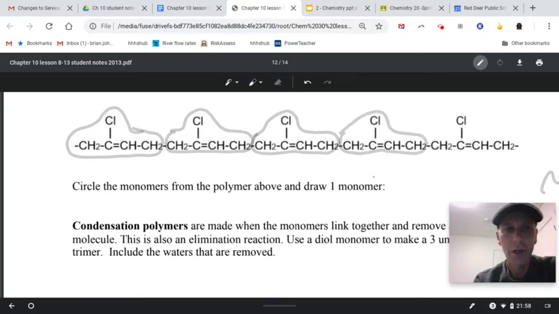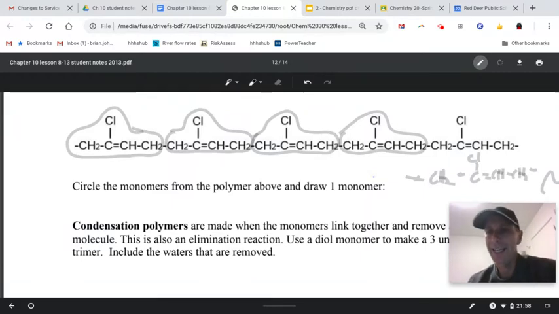And if you had to draw one of them, you can leave the bonding electron open on the side. So it's going to be just a line and then a CH2, C, Cl, CH double bonded to a CH2, and then an open bond on the end. So there's our monomer.